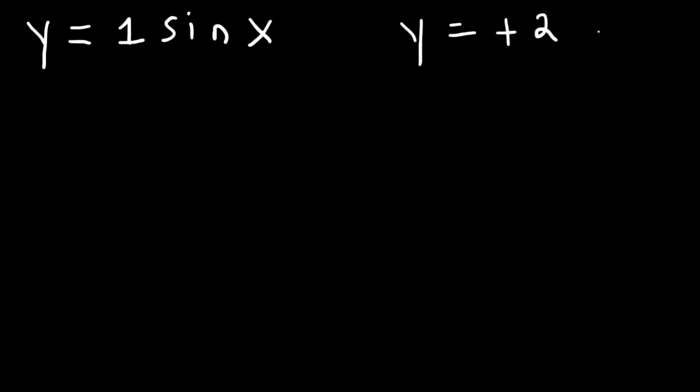What's the difference between the graphs y equals 1 sine x and also y equals, let's say, positive 2 sine x? What's the difference between these two? Go ahead and graph these two functions.